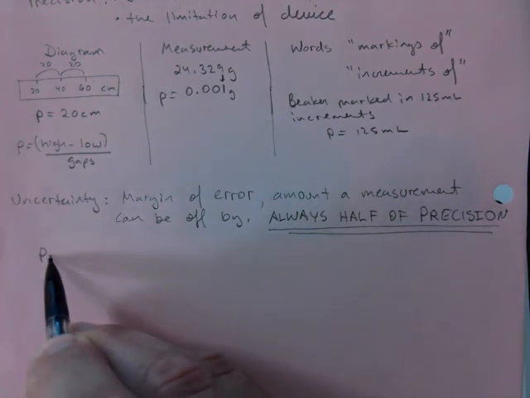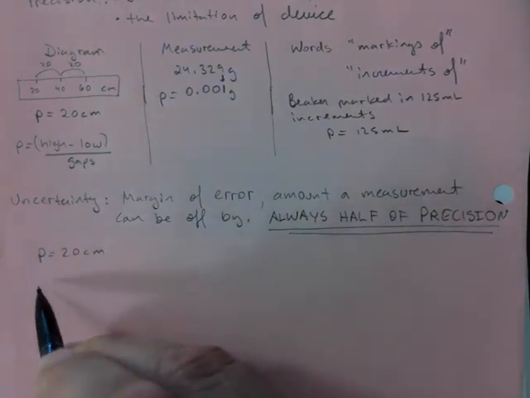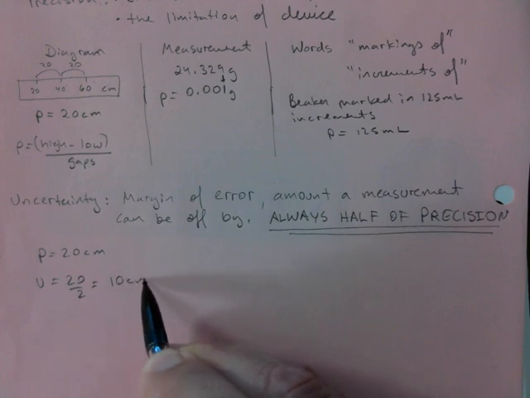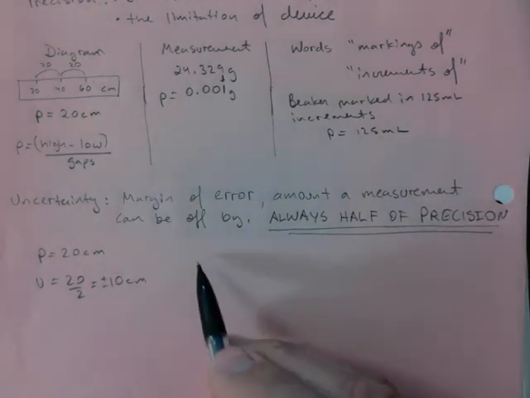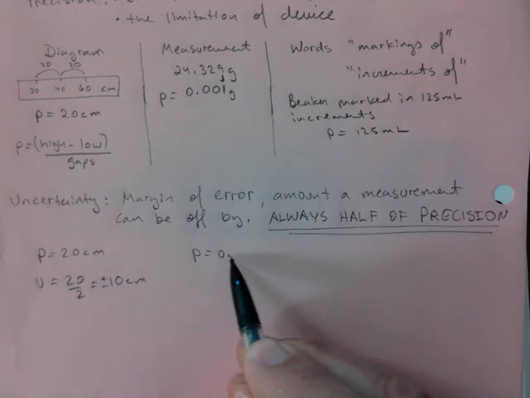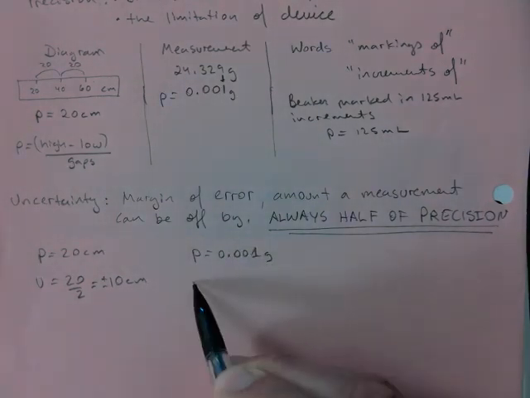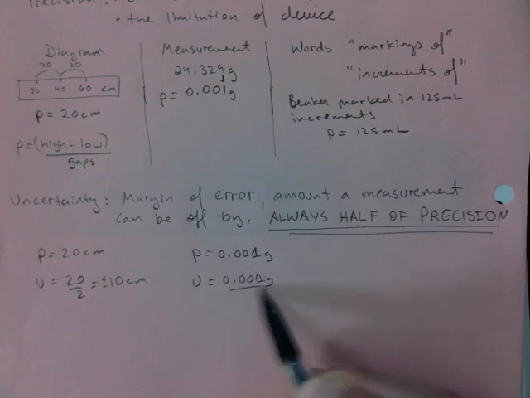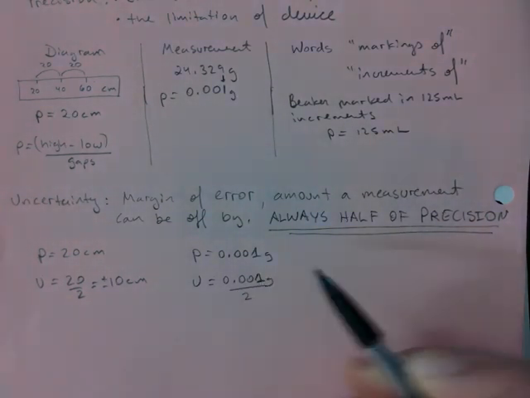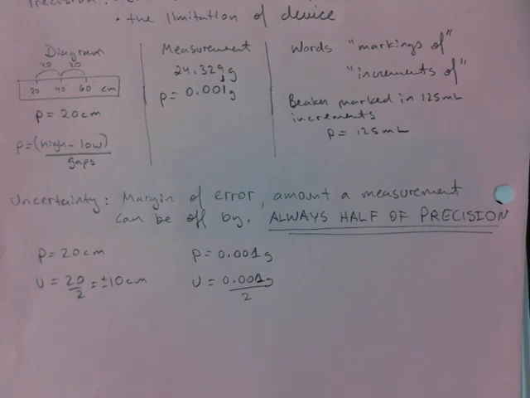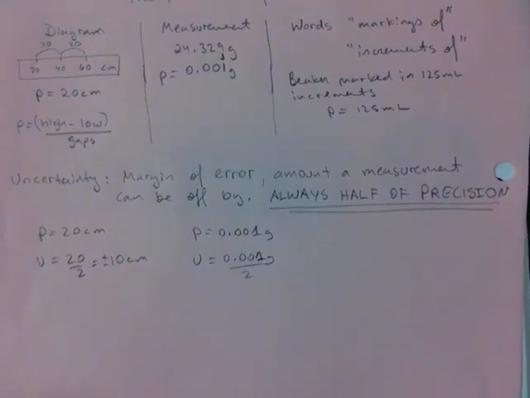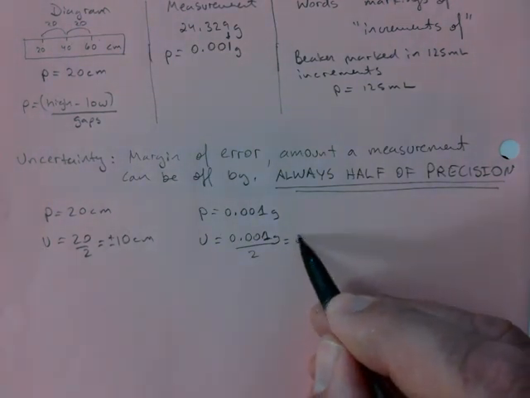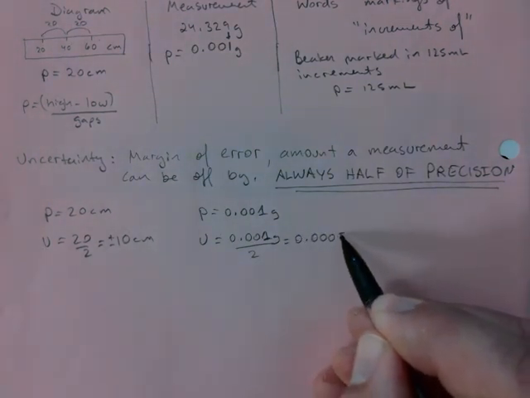So if P is 20 centimeters, then uncertainty is 20 divided by 2, which is 10 centimeters, plus or minus. If P is 0.001 of a gram, then uncertainty is 0.0005 of a gram. I would say just write this down for the future. You might not need it for this test because you have a good memory, but down the road you might find this helpful. 1, 2, 3 zeros and a 5.